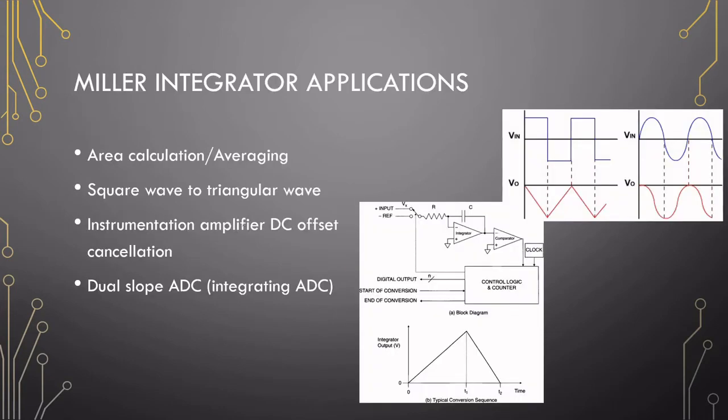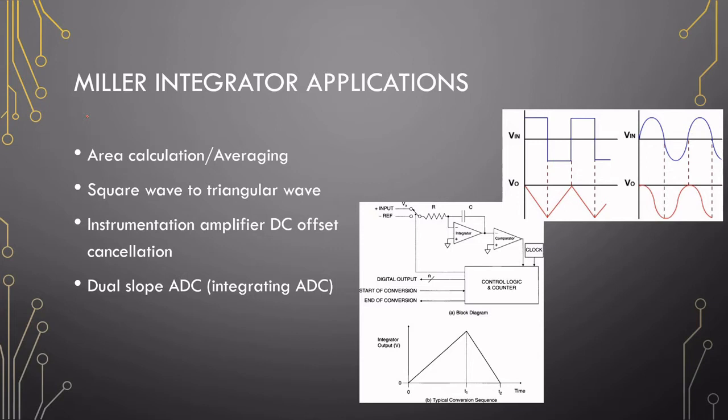Okay, so the Miller integrator, it's more commonly known as Miller integrator because you have a capacitor in the feedback path, can be used for area calculation or averaging. Since integration determines the area underneath a graph, we can use it in that fashion.